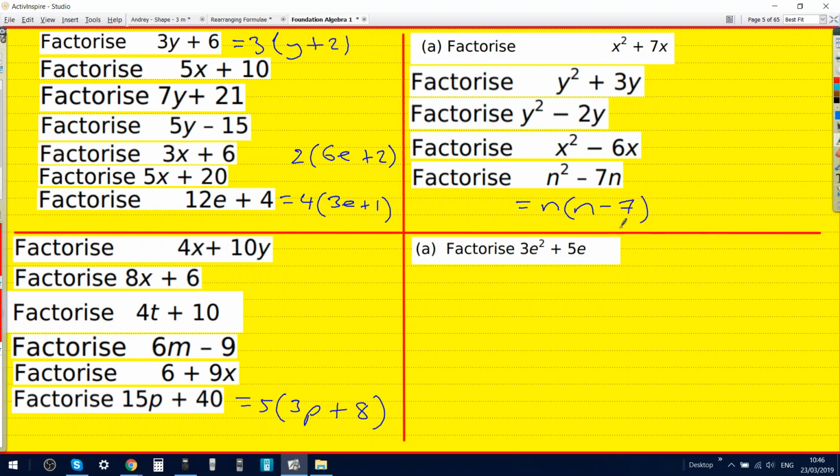Yeah. And this one down here. Would that be E on the outside, and then 3E plus 5? That's it.